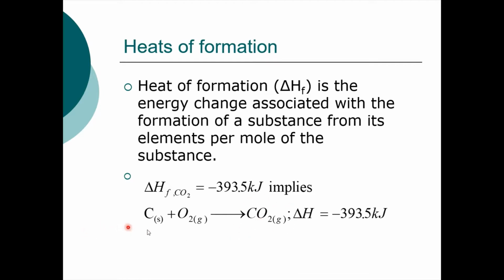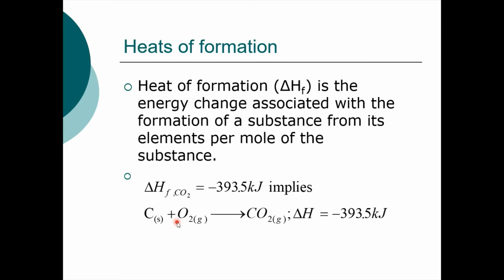Here CO2 is being made from carbon and oxygen. Delta H associated with that reaction is negative 393.5 kilojoules. The chemicals give off 393.5 kilojoules in order to make carbon dioxide. That's what a heat of formation is. It's the enthalpy change involved with making a compound from its elements.